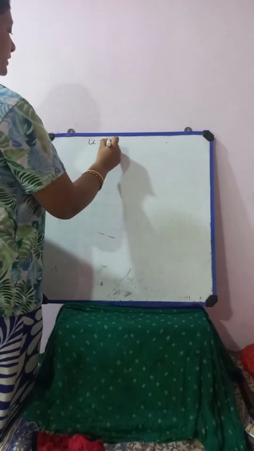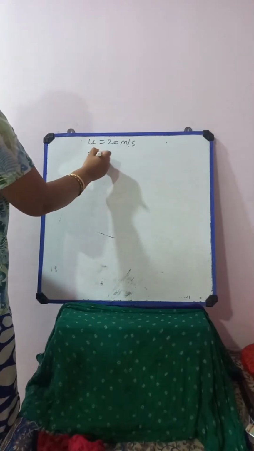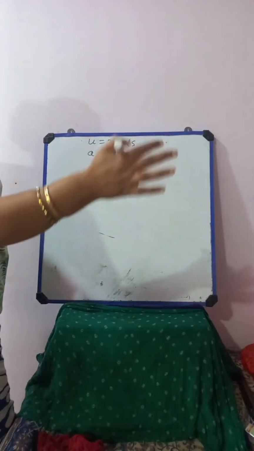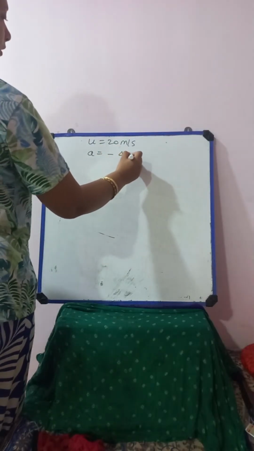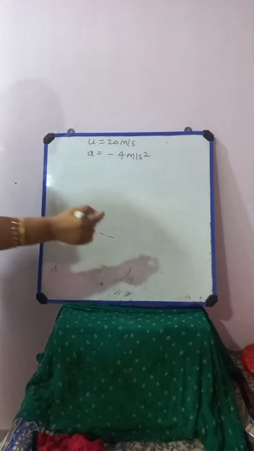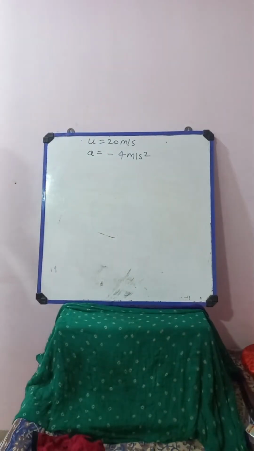So u is here 20 meter per second, and it slows down with uniform retardation. Retardation is acceleration, but acceleration that is continuously decreasing, that means retardation, and that acceleration is nothing but 4 meter per second square, and as this is decreasing you can take it with a negative sign.